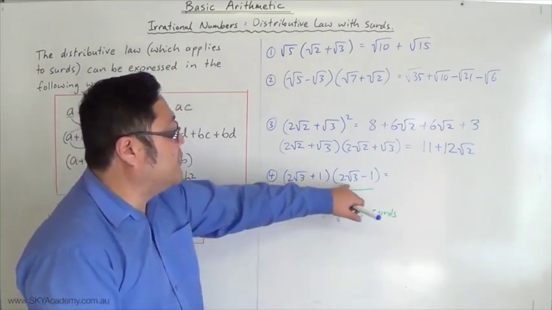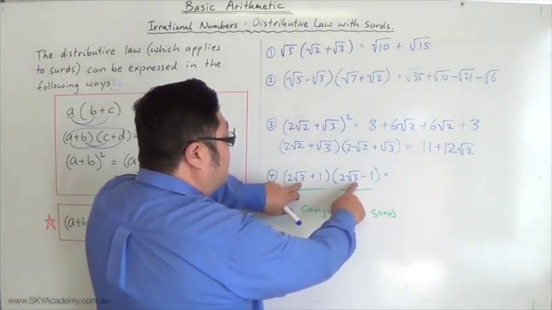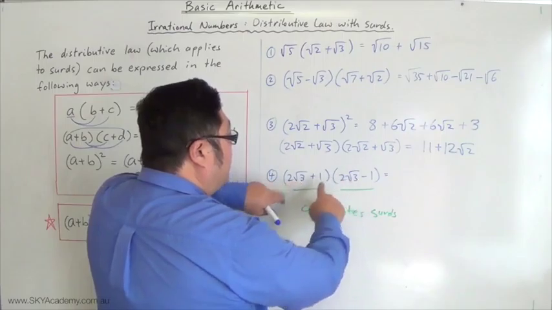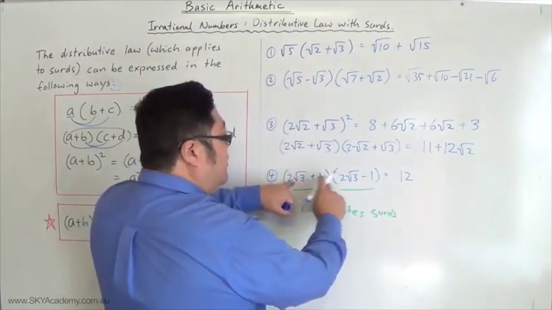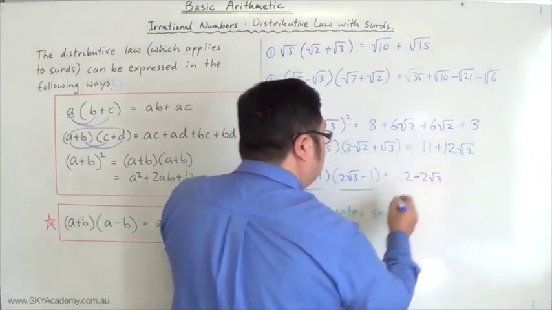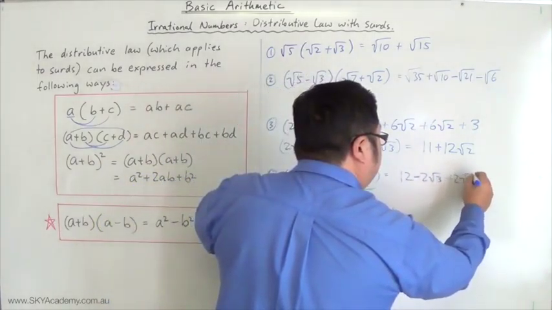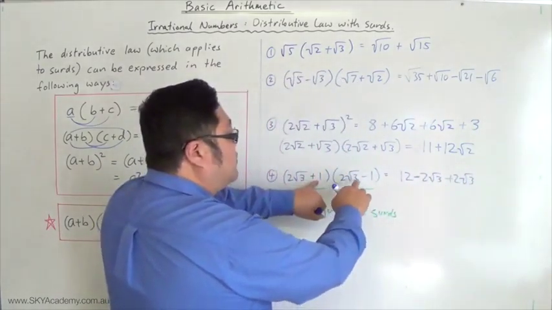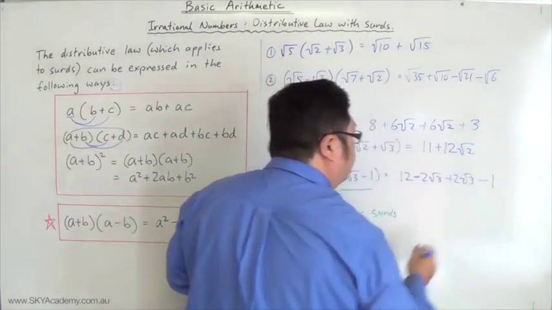So 2 root 3 times 2 root 3. 2 times 2 is 4. Root 3 times root 3 is 3. 4 times 3 is 12. 2 root 3 times negative 1 is minus 2 root 3. 1 times 2 root 3 is plus 2 root 3. Plus 1 and minus 1 gives you minus 1.